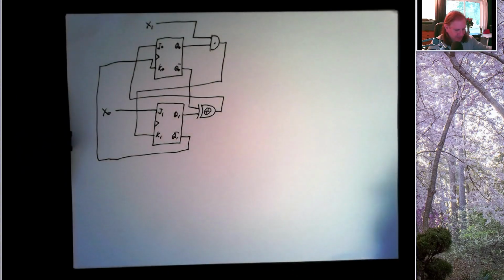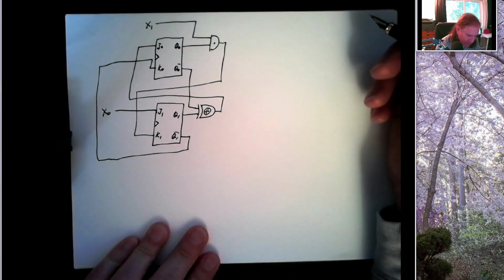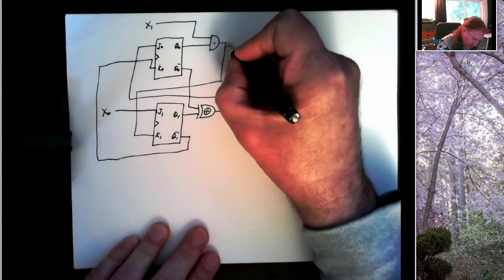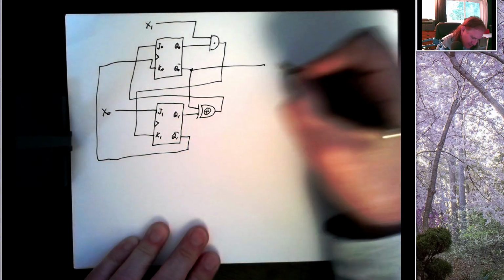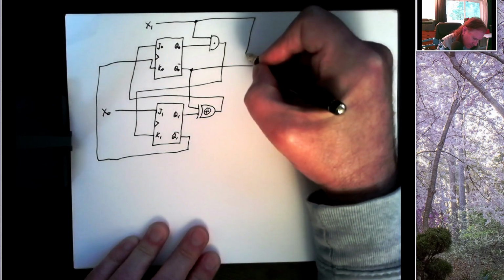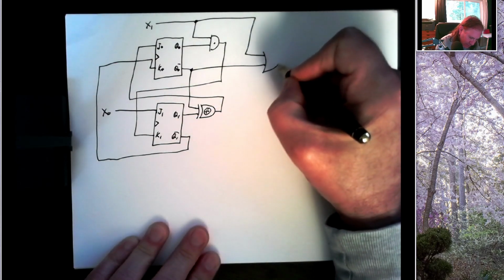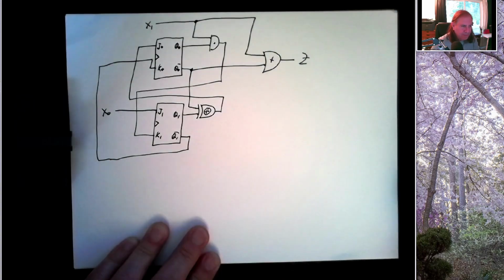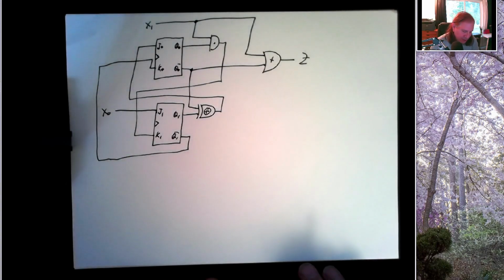So we got two flip-flops, two inputs, and then where should we take our output from? I'll take the output from right here. Well, actually, let's do something a little different. Let's take this and X1, and let's OR those, and we'll call that output Z. Alright, so there's a fairly complex looking machine.